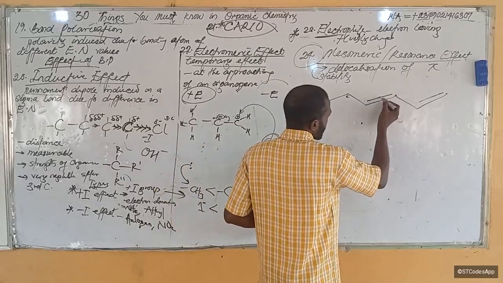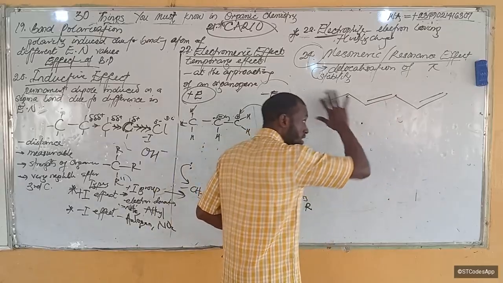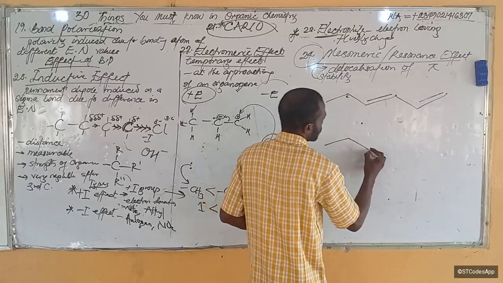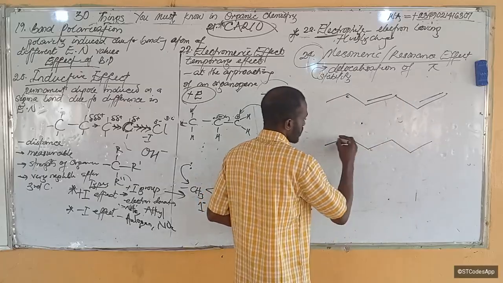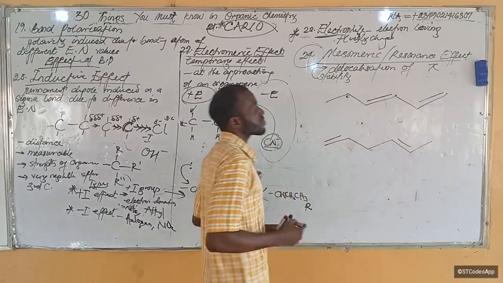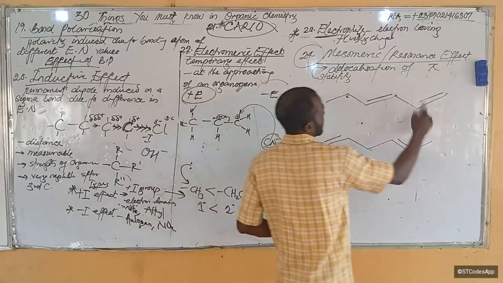So see, this is what happens. You see this guy is more stable than this guy. 1, 2, 3, like this. This will be 1, 2, 3, 4, 5, 6.